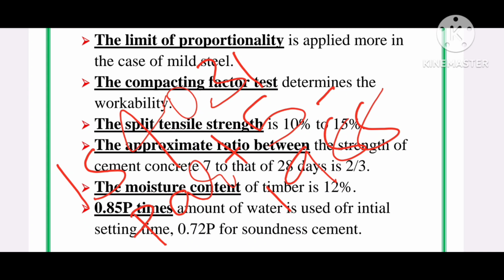While conducting initial setting time on cement, a neat cement paste is prepared by gauging the cement with 0.85 times the water required to give a paste of standard consistency. That's why it's given as 0.85 p times amount of water is used for initial setting time, where p denotes the standard consistency of cement. And in case of soundness test, it is 0.72 p.